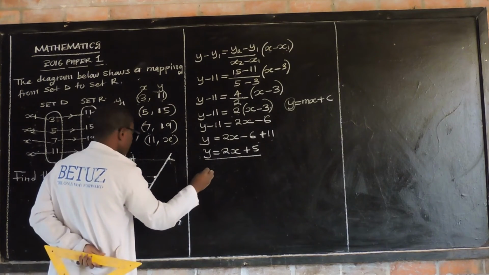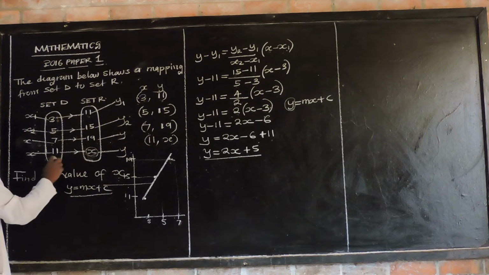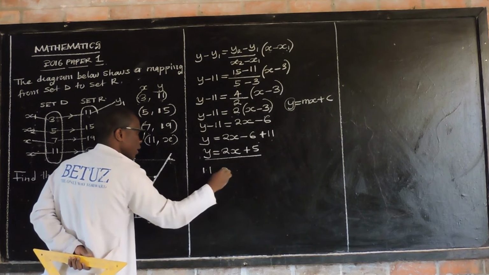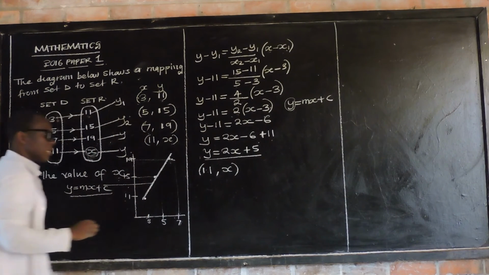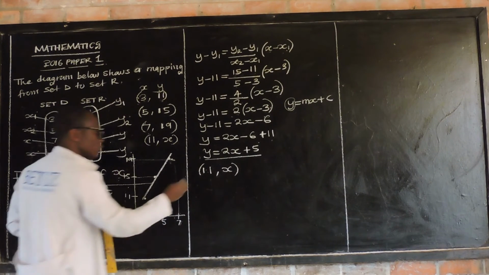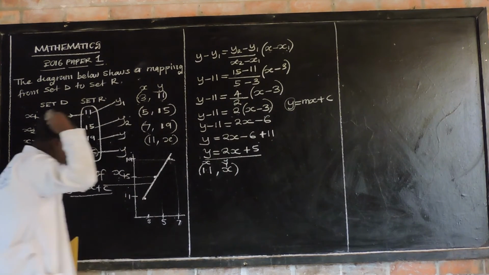In our case, let us get this pair of coordinates here. This one is 11 comma x. Take note, the first value represents x. So 11 is for x, so this one is an x value, and this one is the y value.